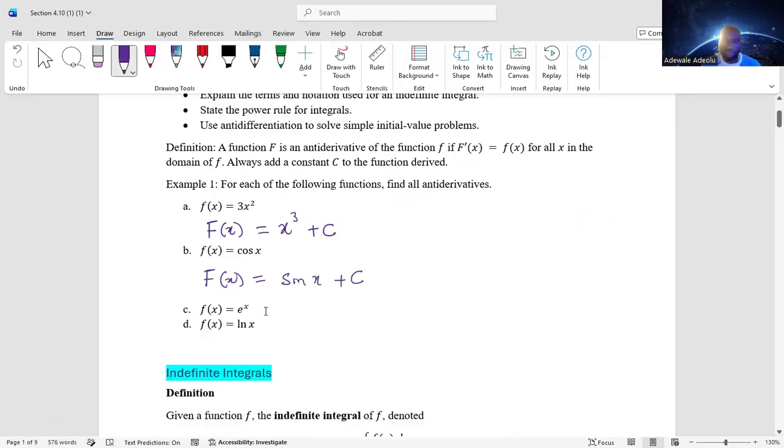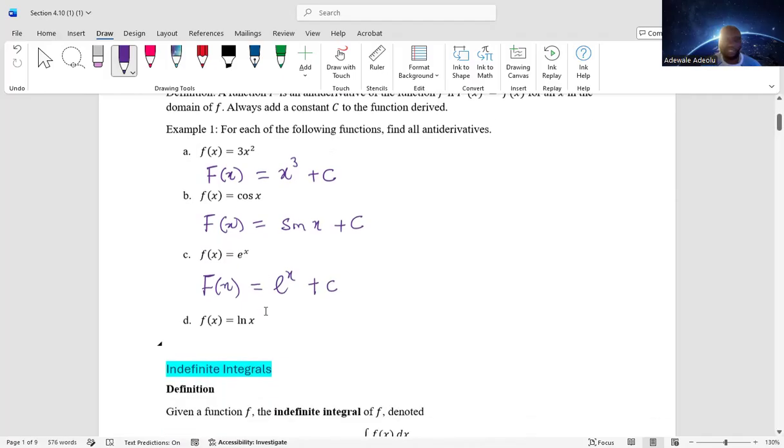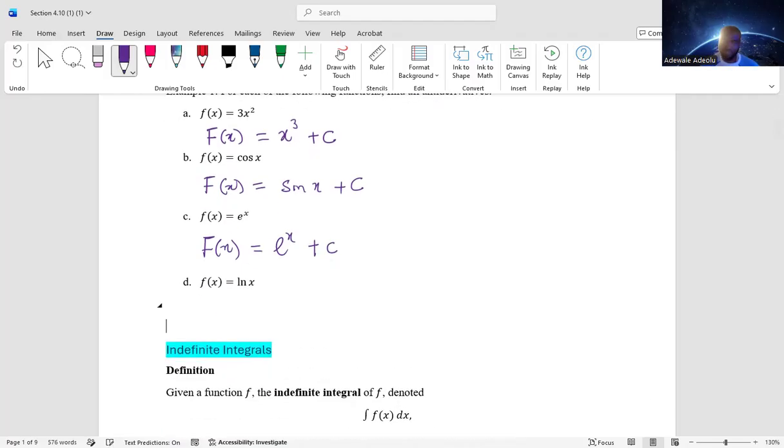And again, if I ask you, what is that function such that when we take its derivative, it is e to the x? Well, that is easy. We have learned that it is e to the x, and we need to add some constant. Also, if I ask you, what is that function such that when we take its derivative, it will give us natural log of x?